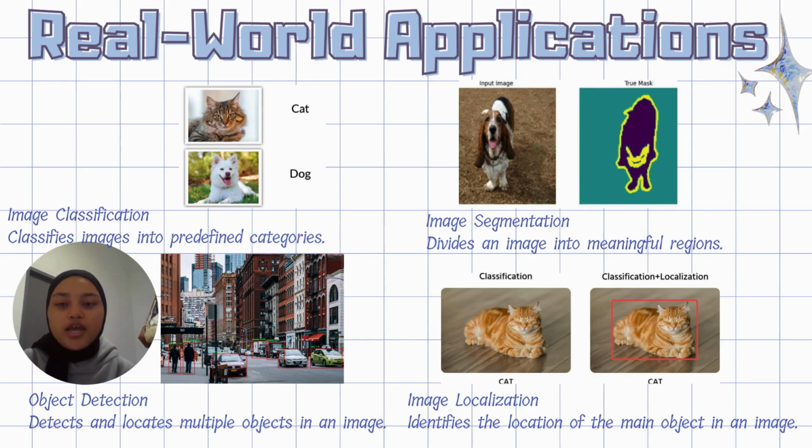Lastly, we have image segmentation. Instead of drawing a box, it labels every pixel of the image. This gives a much more detailed understanding of the object and its shape. These applications are widely used in self-driving cars, medical image analysis, security systems, and many other AI applications.